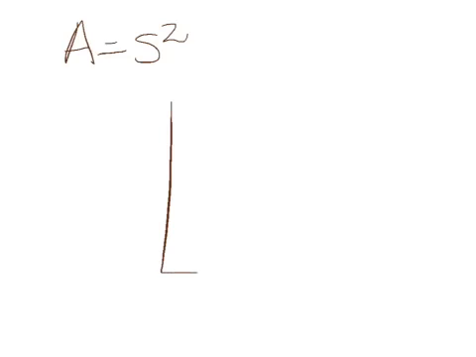Let's do the next one. The area of a square is the square of the length of its side. Area equals s squared. Well, in this case, if the side length is 1, then the area is 1 because 1 squared is equal to 1.